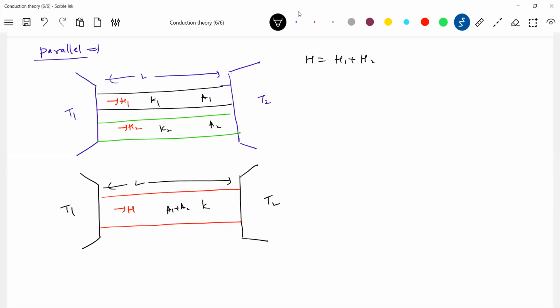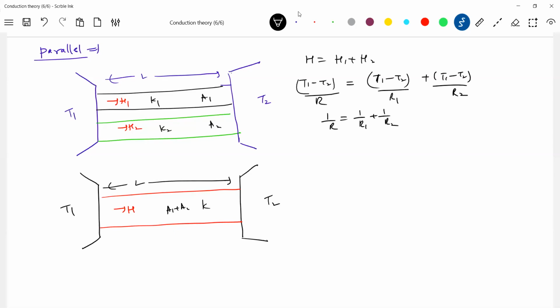So what is H? Temperature difference T1 minus T2 by thermal resistance. What is H1? T1 minus T2 by R1. And H2 is T1 minus T2 by R2. So 1 by R equals 1 by R1 plus 1 by R2. What is further R?